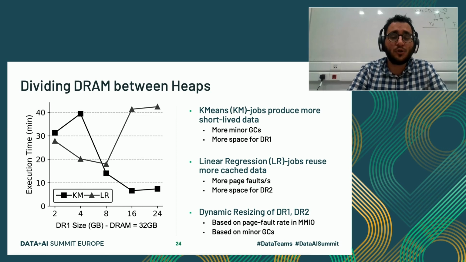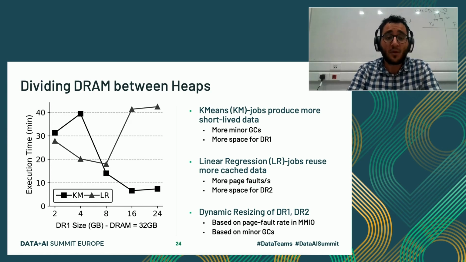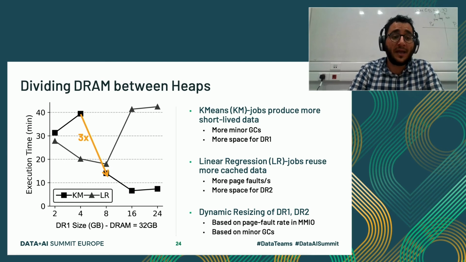K-means jobs produce more short-lived data, so we have more minor garbage collections. So we need more space for DR1. For this reason, when we increase the DR1 size from 4 gigabytes to 8 gigabytes, the total execution time decreases by 3 times.